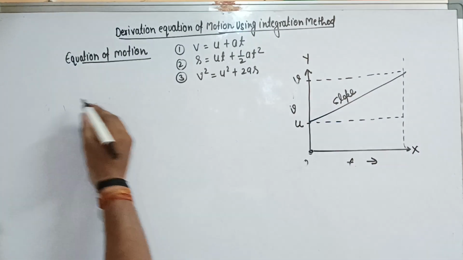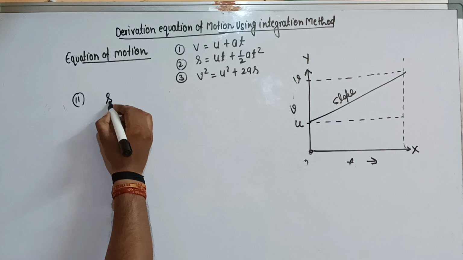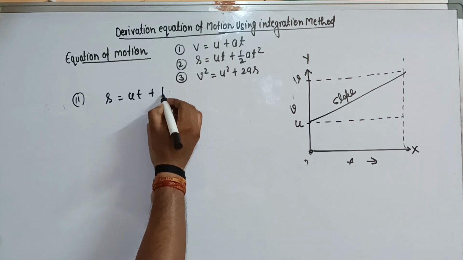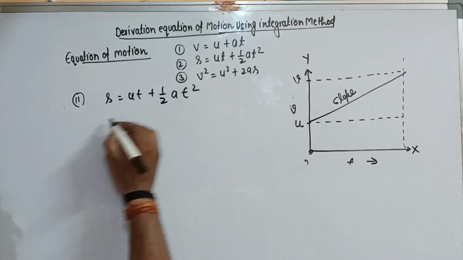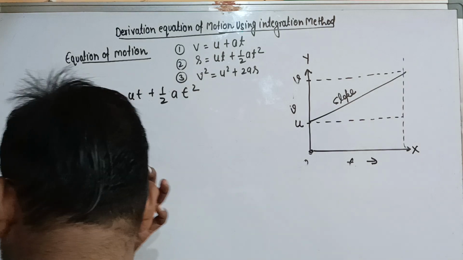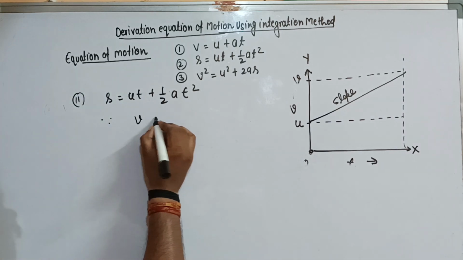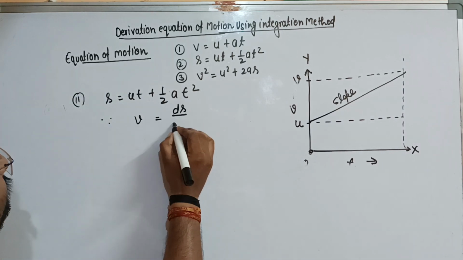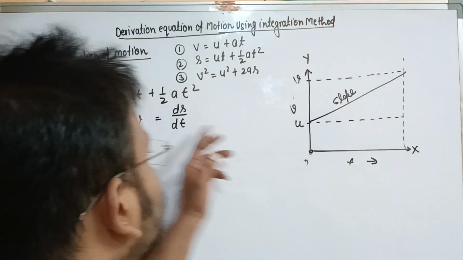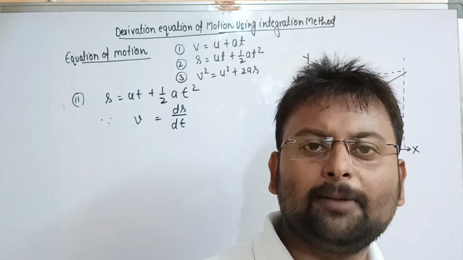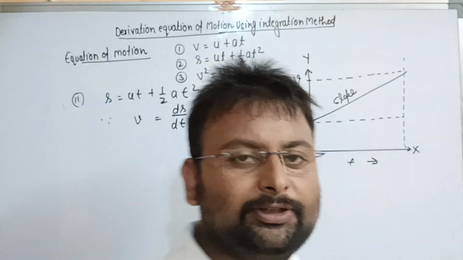Second equation: s is equal to ut plus half at square. v is equal to ds by dt. The rate of change of position with respect to time is known as the velocity.